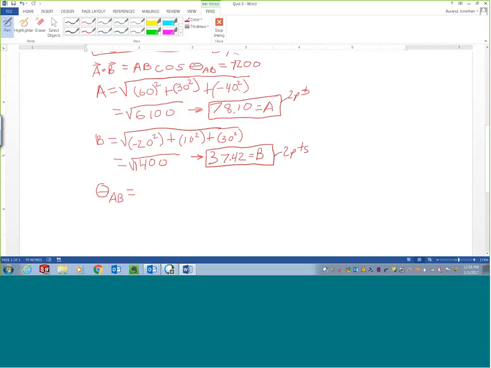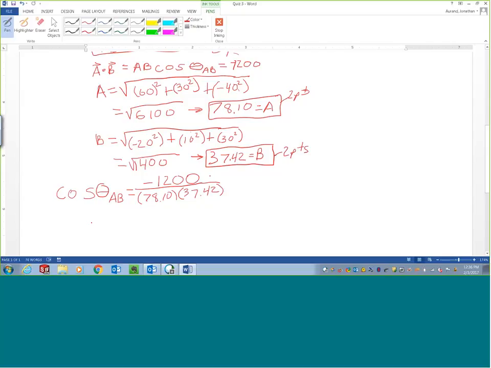We get cosine of theta AB, equal to the dot product, negative 1200 over our magnitudes times each other, 78.10 times 37.42.